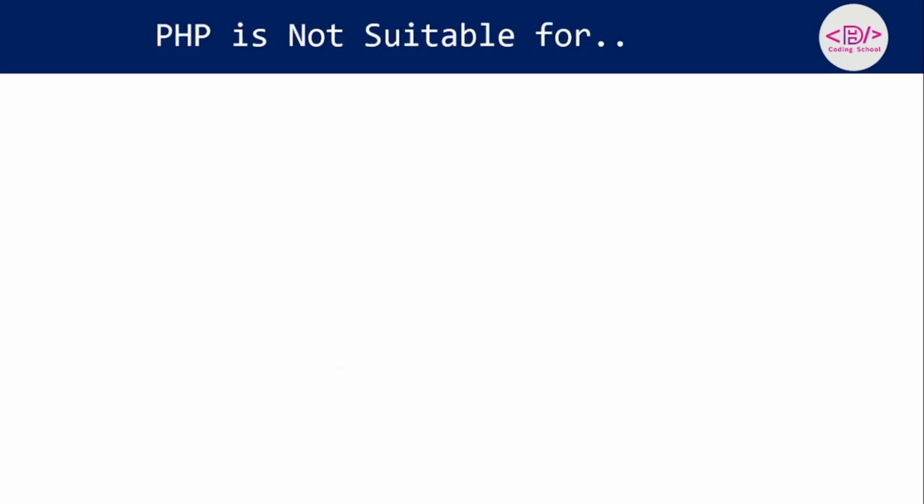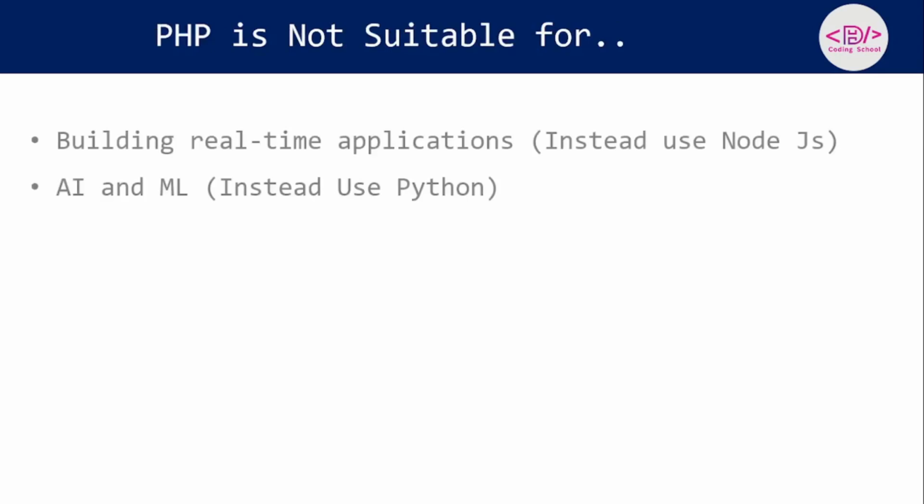applications. Okay, so we have talked about good things about PHP, but there are some things PHP is not suitable for. So if you want to build real-time applications, PHP might not be a suitable tool, though it can build a real-time app. Using WebSockets, you can try to configure it around, but really, if you are going to build a real-time application, you would consider using something like Node.js.